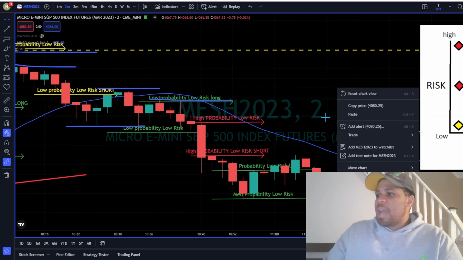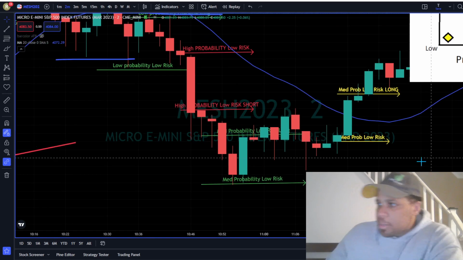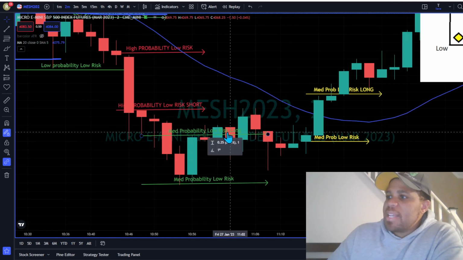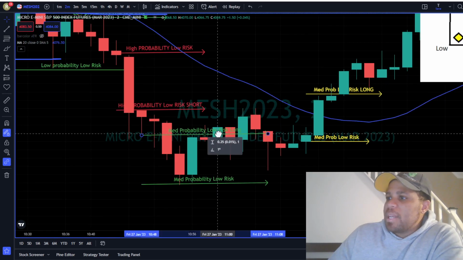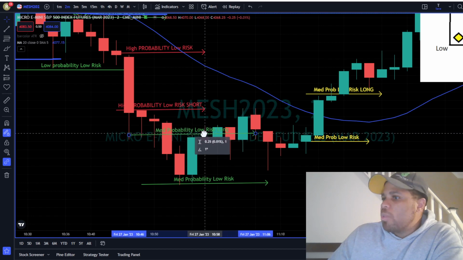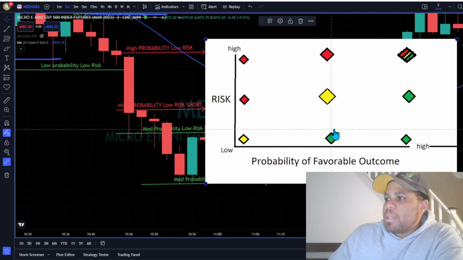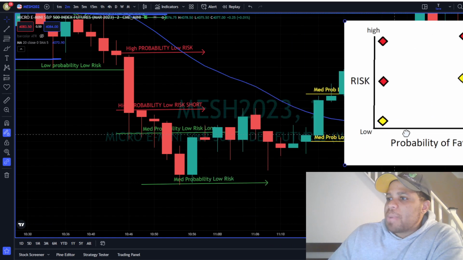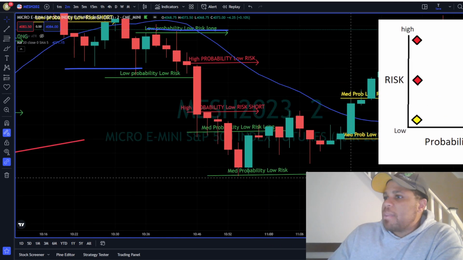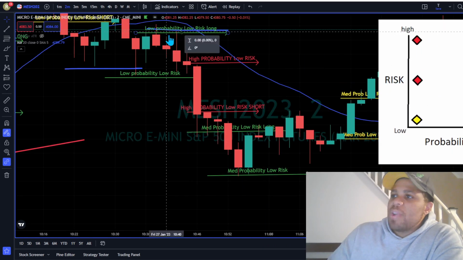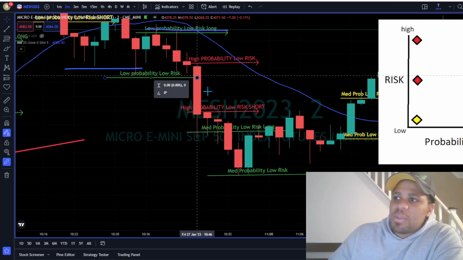Go down here to this trade right here. This is a medium probability, but low risk long. So that's here on the chart. Medium probability and low risk. Why is it medium probability? Well, it's medium probability because you're in a downtrend, so that takes away some of your probabilities.